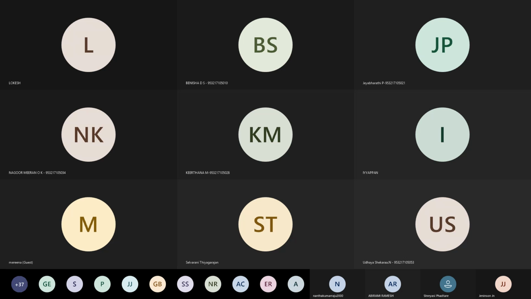We need to know about the difference. What is the difference? Yes, I think you can see that clearly. So endianness: big endianness and little endianness.